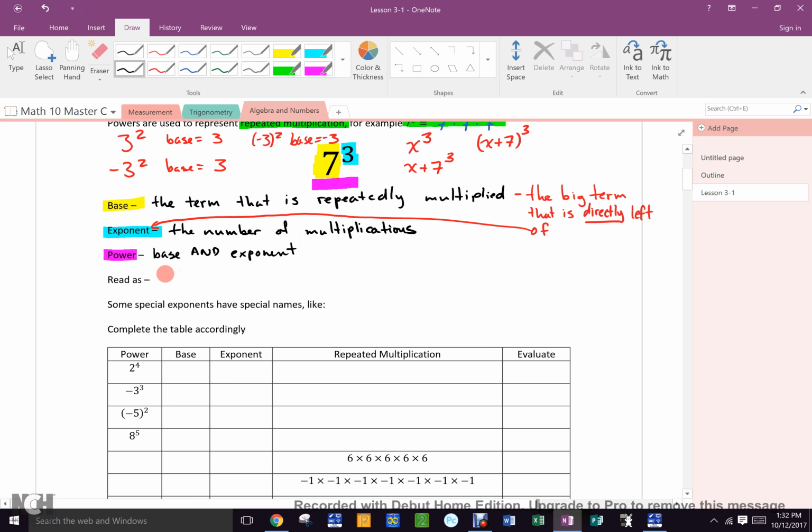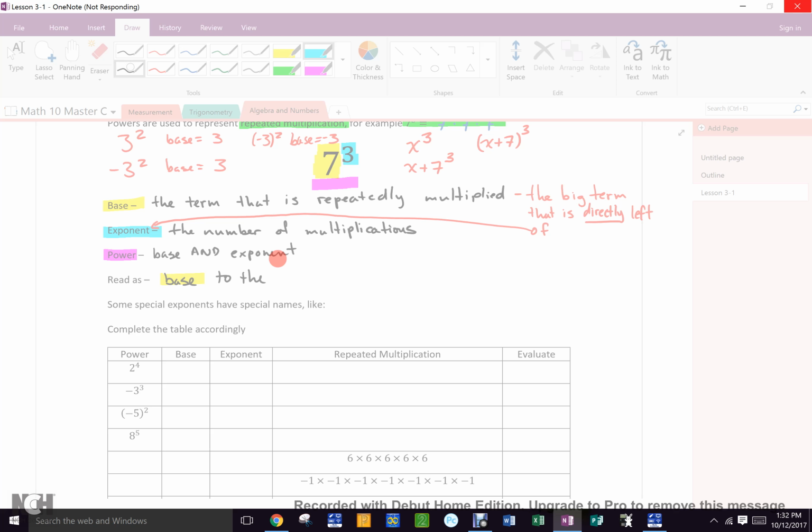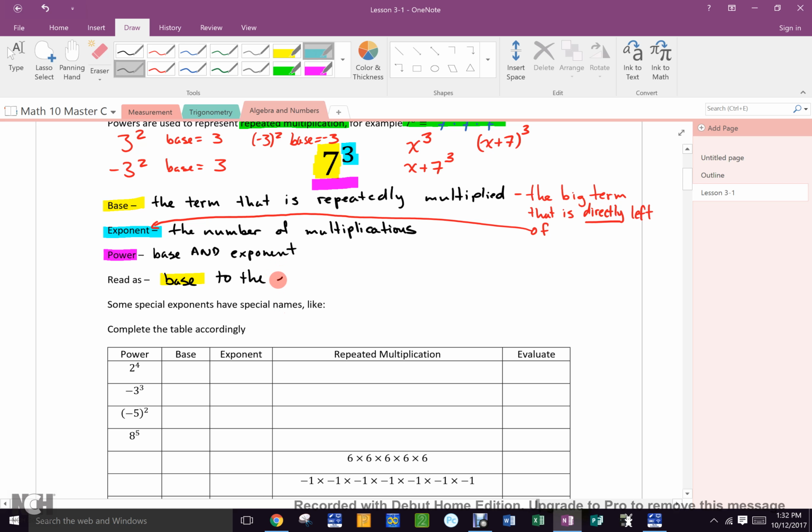And it's read as whatever the base is, which I'm highlighting in yellow, to the exponent, which I'm highlighting in blue, power. So this is 7 to the third.